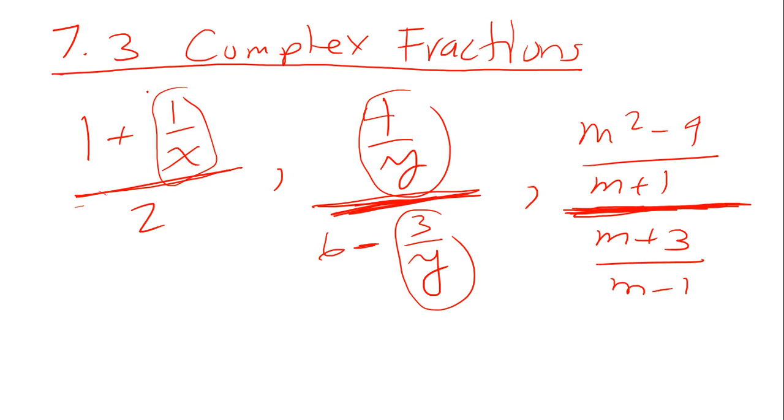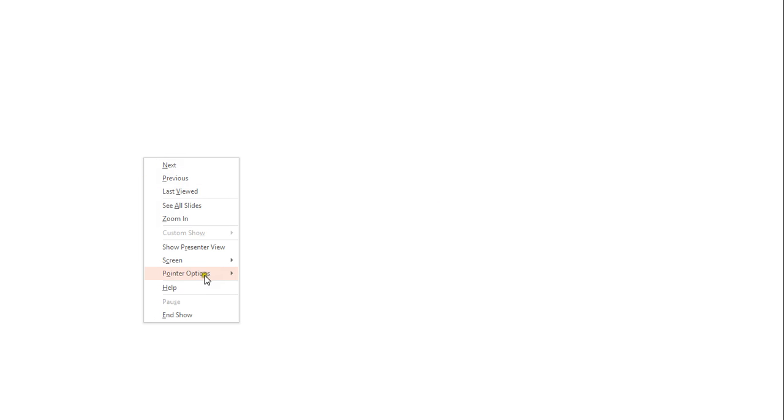Okay, why did my annotations just disappear? That's nice. Well, fortunately, this is all recorded, so even if I lost it, you should still have it in video world. That's kind of annoying. Not sure why that happened. I have no idea what's going on right now. Okay, I'm just going to move to another slide because this thing's acting weird on me. Okay, so pointer options.